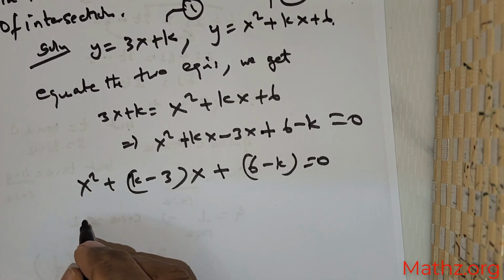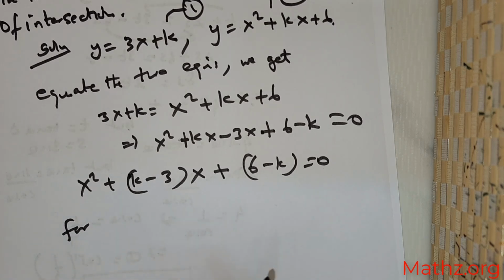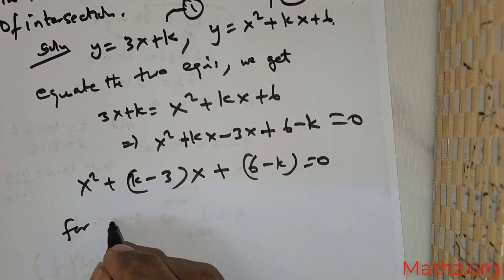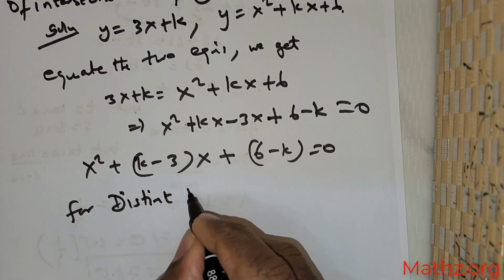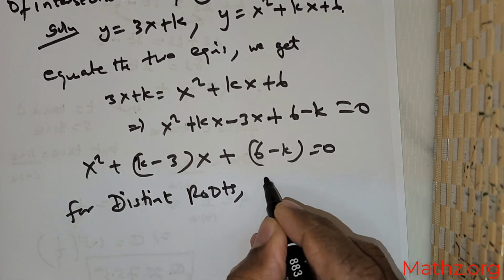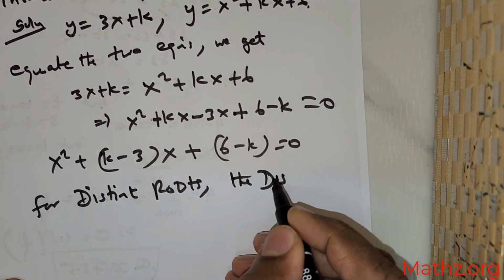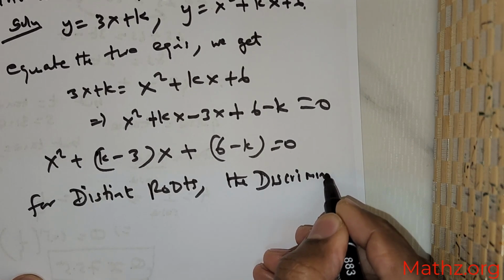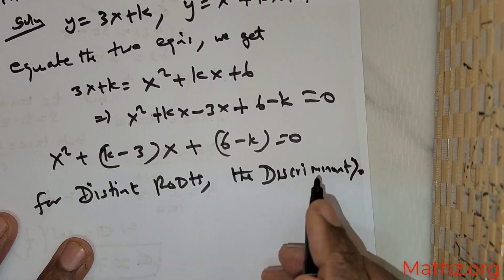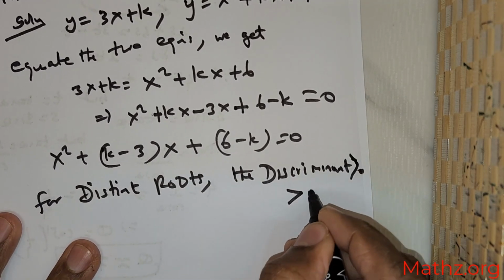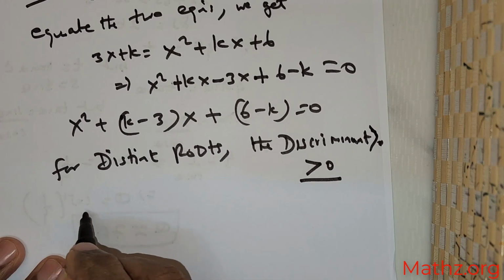Now for distinct roots, so we are actually looking for distinct points, right? So for distinct roots, the discriminant should be greater than 0. Let me write it in this fashion.